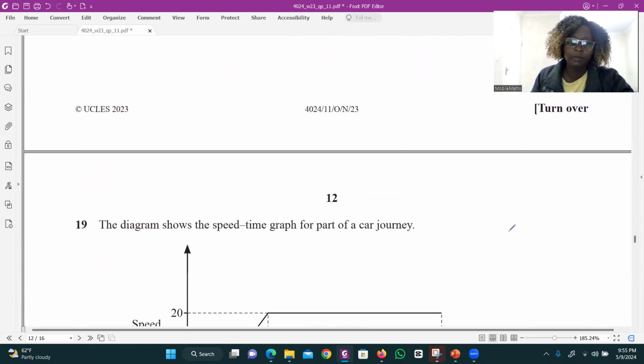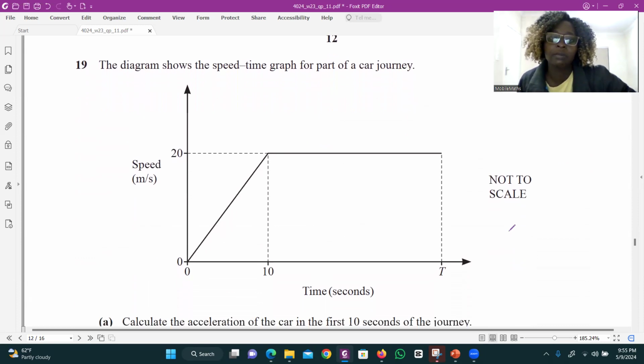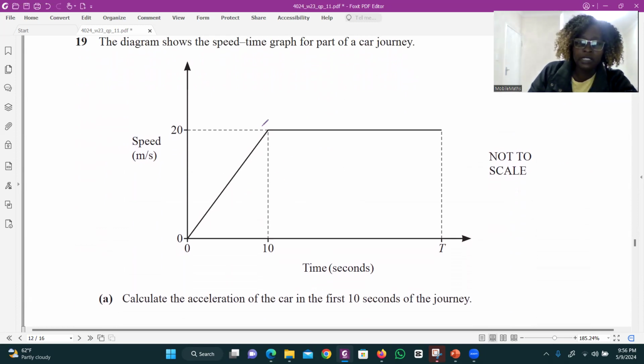Okay, let's move on. Number 19, the diagram shows the speed time graph for part of a car journey. Calculate the acceleration of the car in the first 10 seconds. So the first 10 seconds are this. So this is my final velocity and this is my initial velocity.